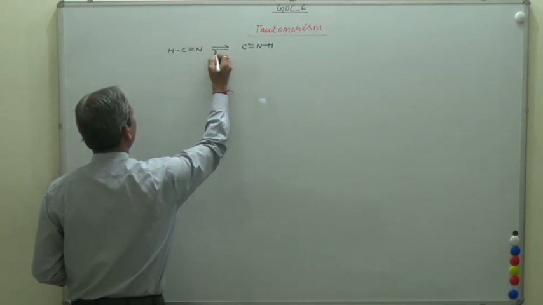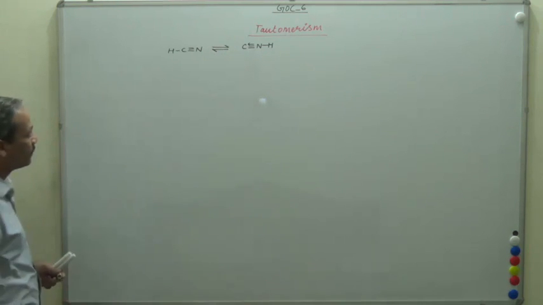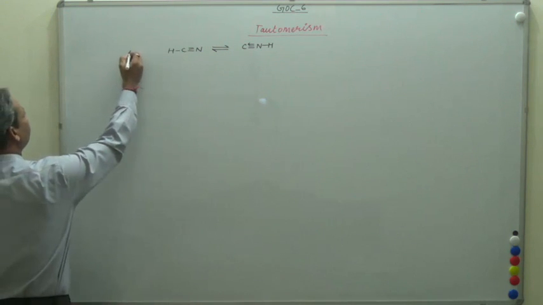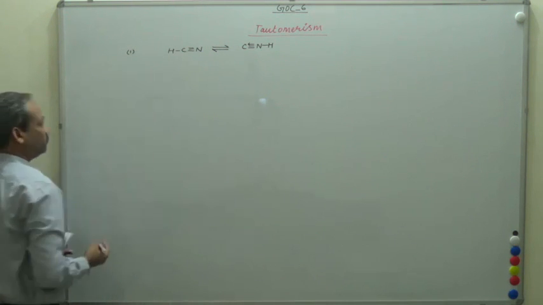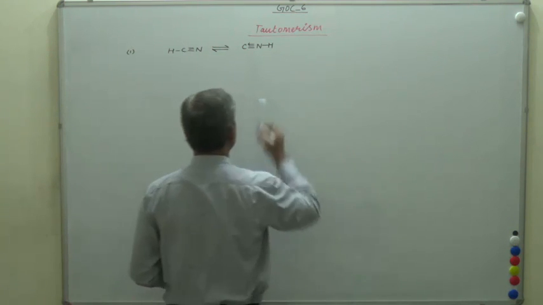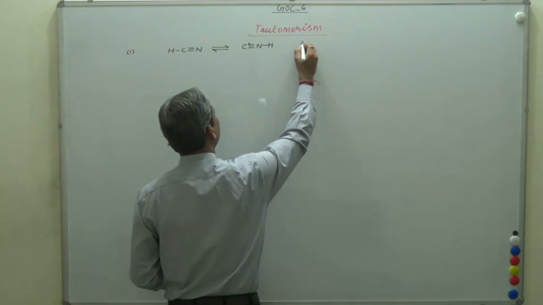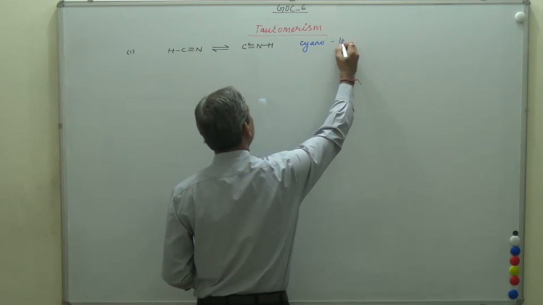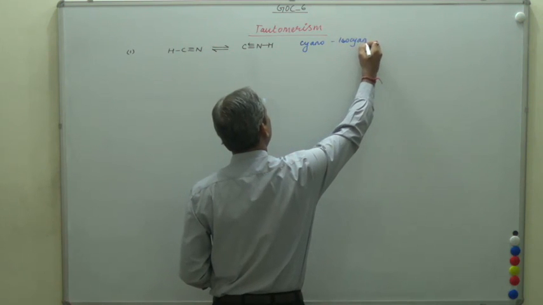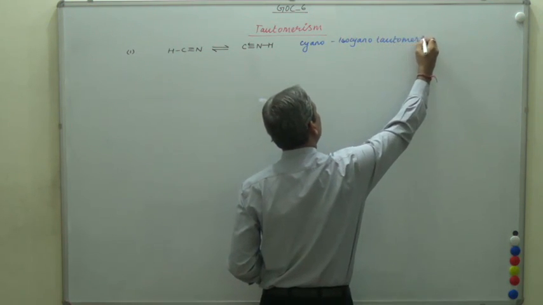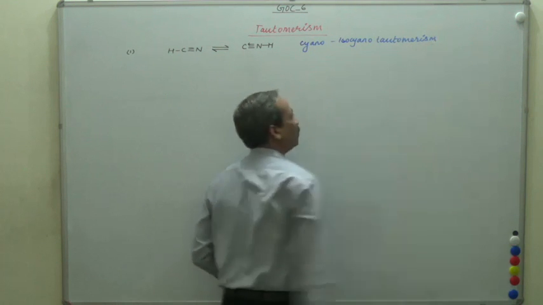These two remain in dynamic equilibrium. So this is the first type of tautomerism called as isocyano tautomerism.